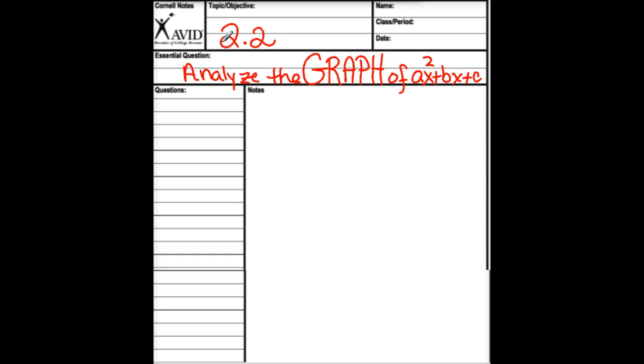So the first thing I would like you to do in your notes is make a little grid here, an x, y axis. And I'm going to give you a quadratic equation that has an a of 1, a b of 0, and a c of 0.